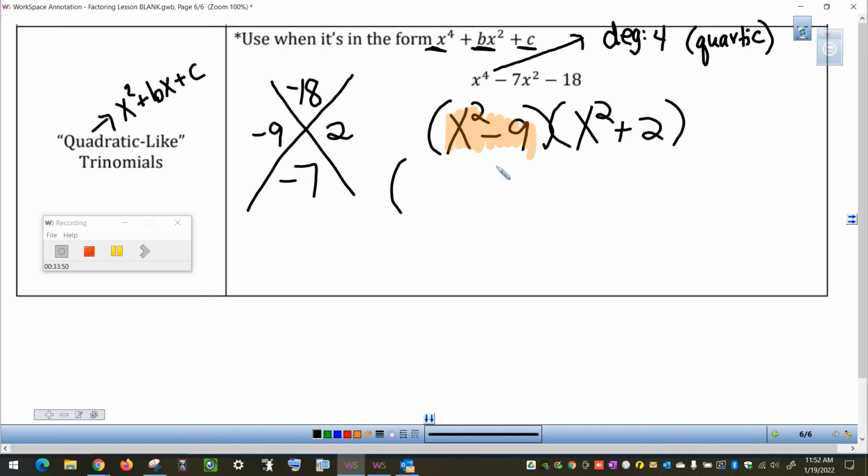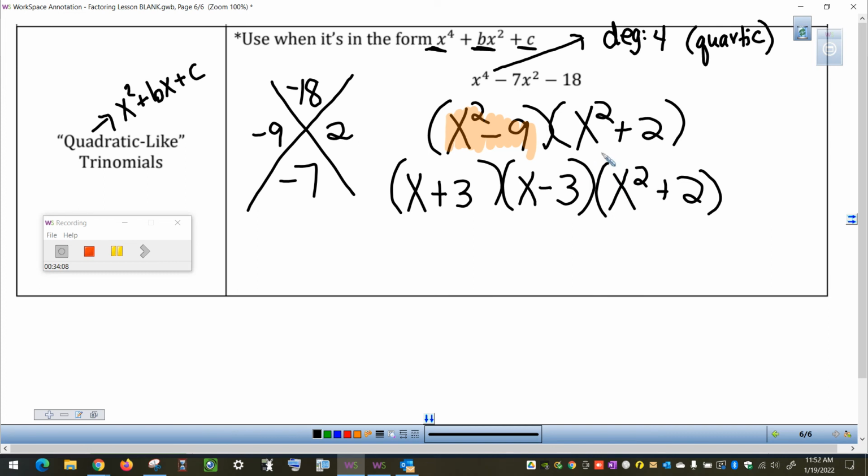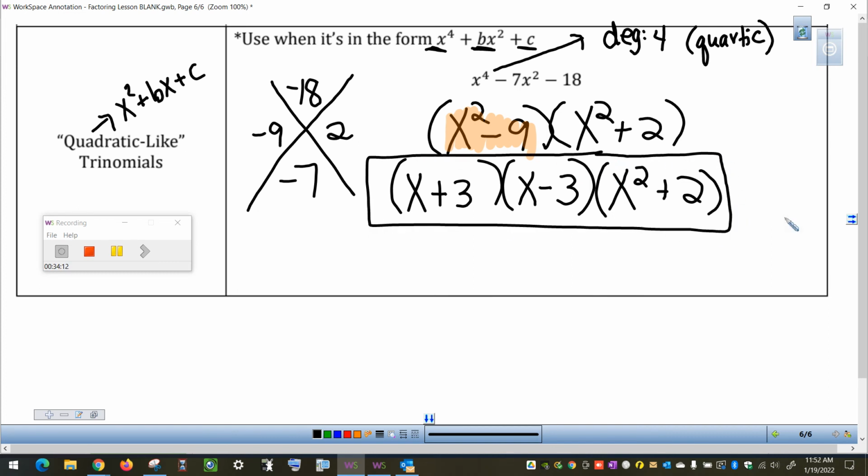So look out for those. It's only going to happen here if you have an x squared minus a perfect square number, which is not always the case. But if you see it, we're going to take it one step further. So we'll factor that into x plus 3, x minus 3. Now, there's no perfect way to factor a sum of squares, and also 2 is not a perfect square number.